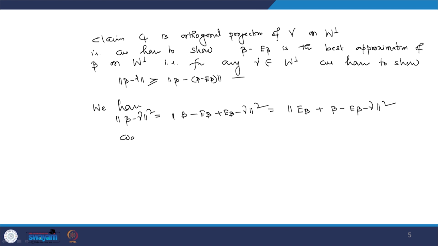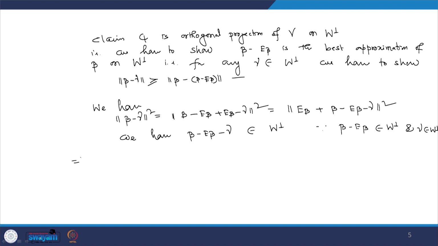We have beta minus E beta minus gamma belongs to W complement, because beta minus E beta belongs to W complement and gamma also belongs to W complement, and W complement is a subspace. So this implies beta minus E beta minus gamma belongs to W complement.